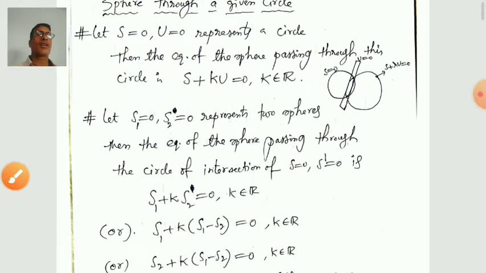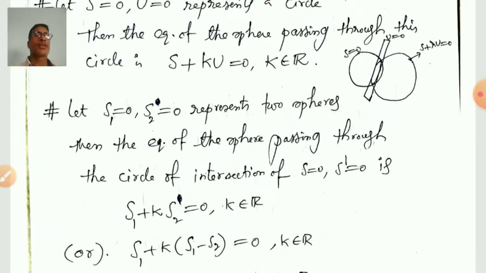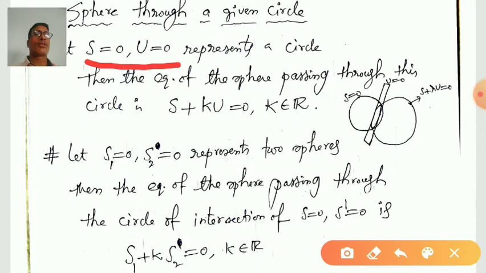Here we are going to find the equation of any sphere passing through the given circle. S = 0, U = 0 is the equation of the circle.